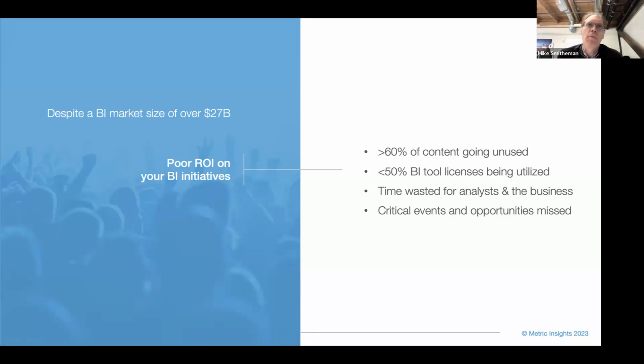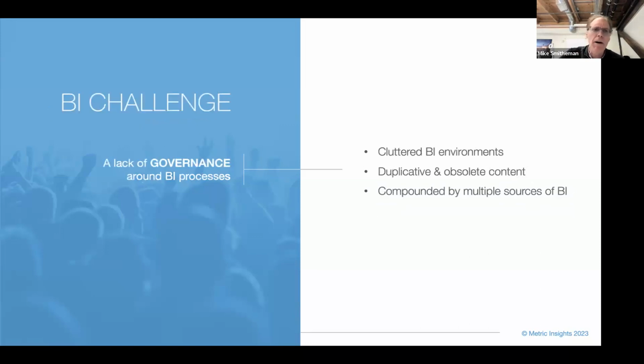So I want to talk about what Metric Insights is in the market to solve these sorts of problems. I want to explain what we're doing today, and then talk about how we're thinking about AI to improve what we are doing. We believe one reason for this poor engagement and adoption is that BI has become a victim of its own success.